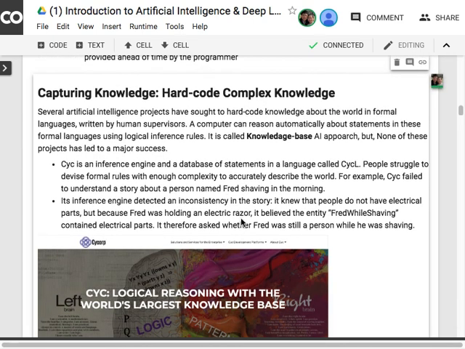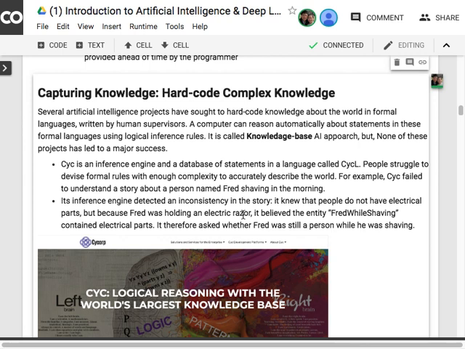In the next period, computer scientists tried to solve that by inputting knowledge into computers, using hard-coded knowledge. First they tried to create formal rules and formal methods to represent knowledge of the world as a list of rules, and we call it the knowledge-based AI approach.